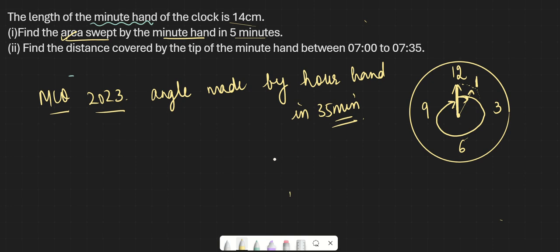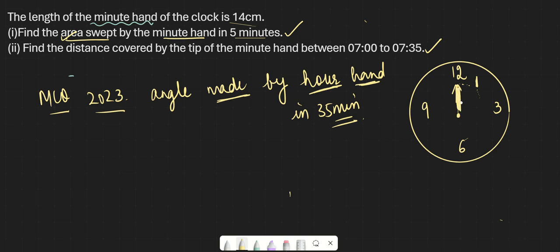So now we need to understand either to find the area or to find the distance covered. दोनों ही चीजें निकालने के लिए we now need to understand what is the angle made by hour hand in 1 minute. अब hour hand की मूवमेंट को समझेंगे. बेसिक क्लॉक तो हमारे पास वही है 12, 6, 3, 9 इस तरह से ही बना होता है. अब hour hand ने 12 से स्टार्ट करना है.